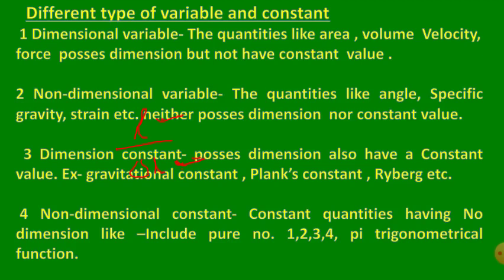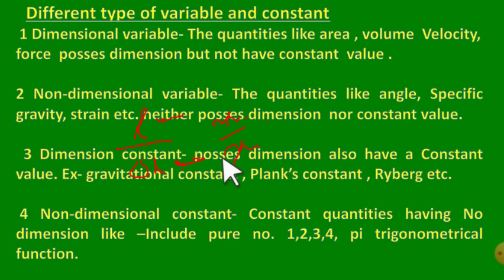So if length is in the SI unit of meter, meter divided by meter cancels, and there will be no unit. So your strain has no unit, just like specific gravity and angle. So these are known as non-dimensional variables, because they have no unit and at the same time they can have different values.